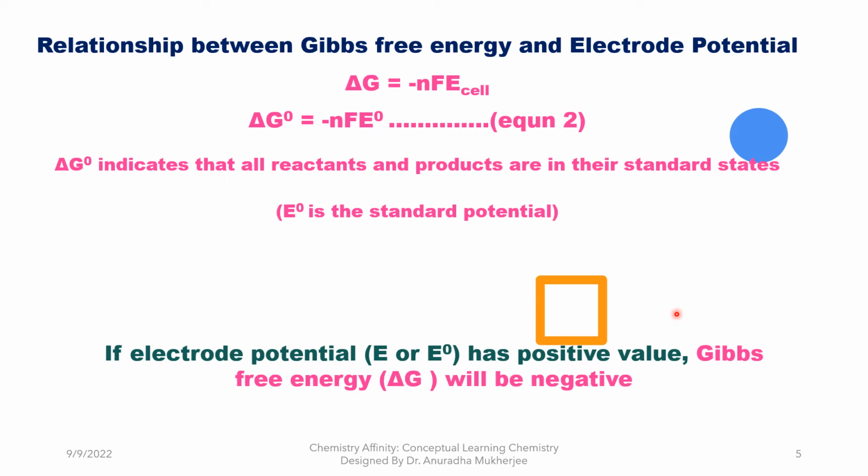Standard state means the condition is 1 atmospheric pressure and 25 degrees Celsius, that is 298 Kelvin. In both equation number 1 and equation number 2, you have seen that there is a negative sign. The negative sign indicates that the reaction is spontaneous.